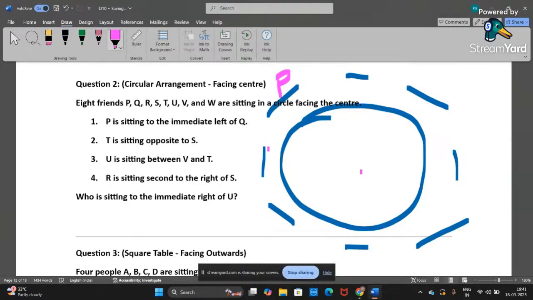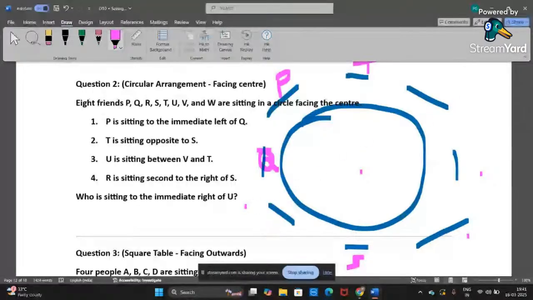Q's left side means here on the right. Q's left means this side, P. Right? T is sitting opposite to S. The question has an error, it should be T sitting opposite to S. T is here and S can be here or here also.